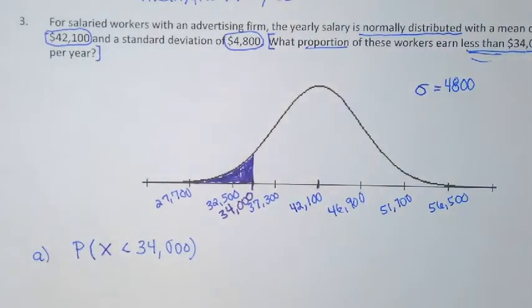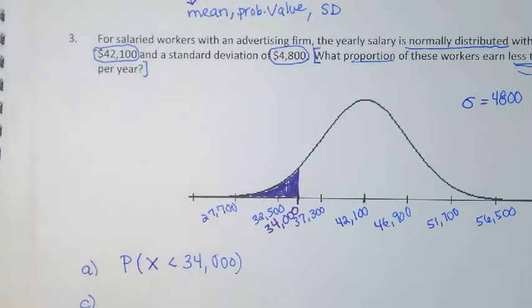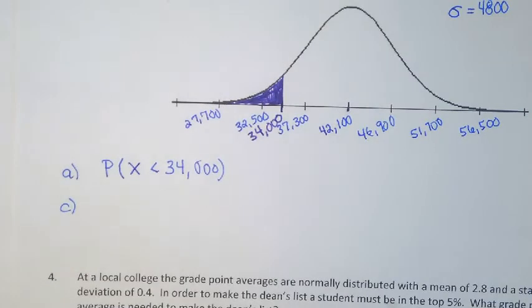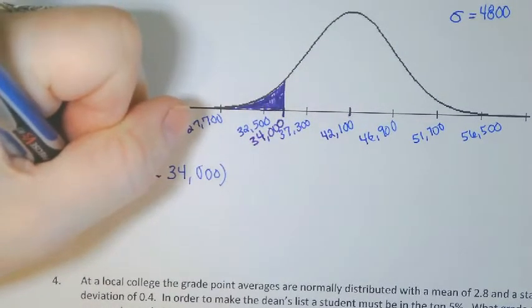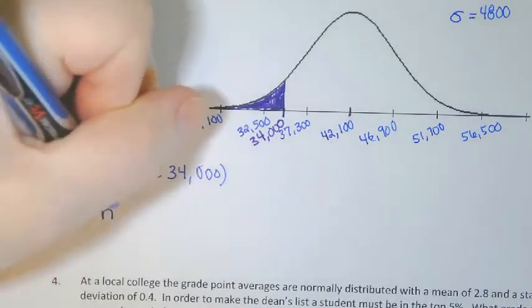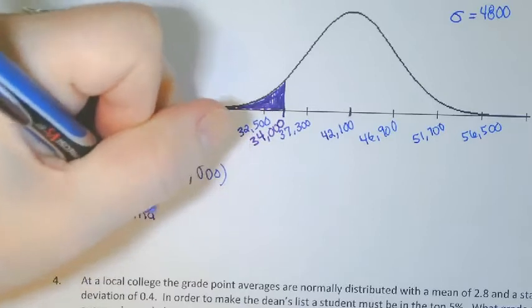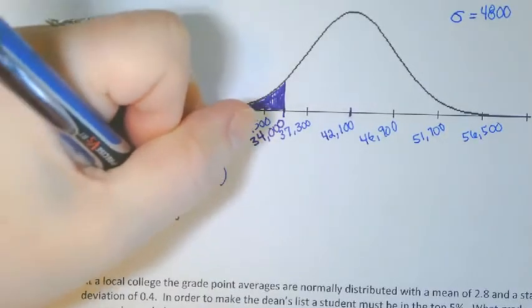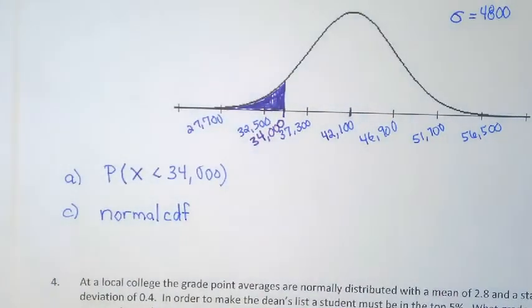So if I were writing calculator instructions, first thing I would write down is the word normal. And the letters C, D, F.